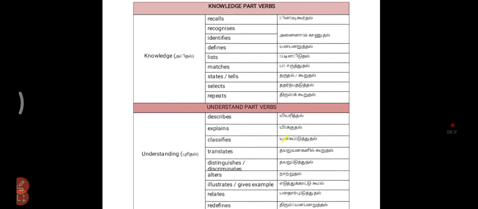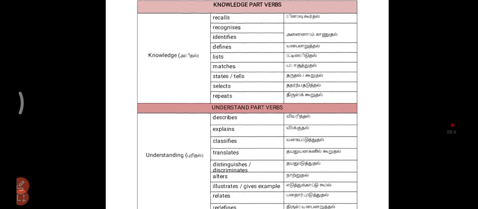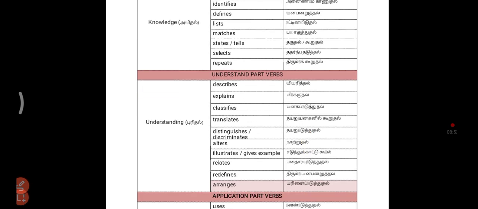In this format, the first one is knowledge. The verbs used for knowledge are recalls, recognizes, identifies, defines, lists, matches, states, selects, repeats. The next one is understanding. The verbs used for understanding are describes, explains, classifies, translates, discriminates, gives examples, relates, redefines, arranges.